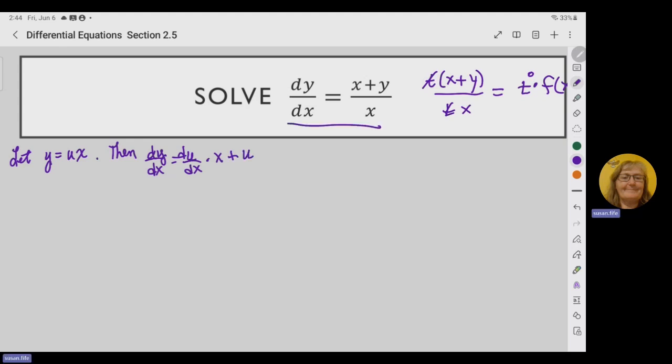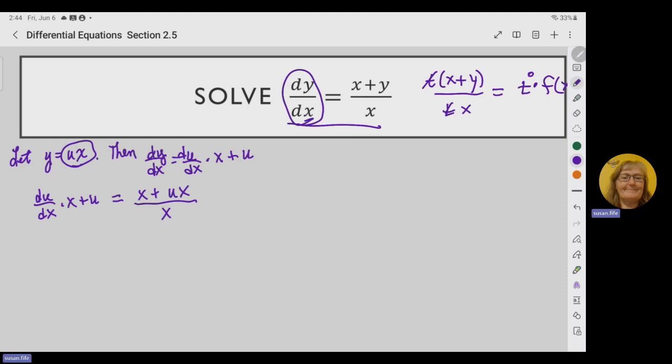And when I substitute in, replacing my dy dx with du over dx times x plus u, equals, on the right side, I have x plus y over x, and y is u times x over x.